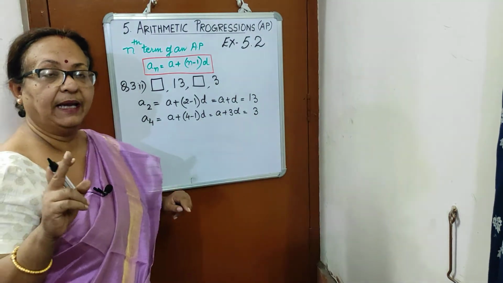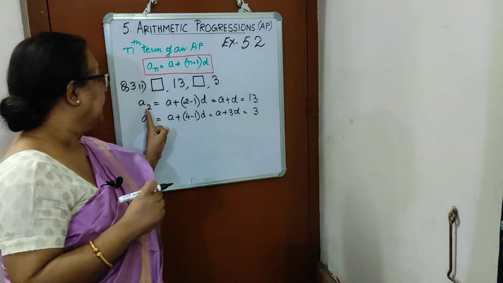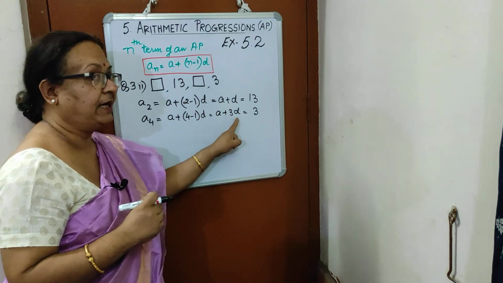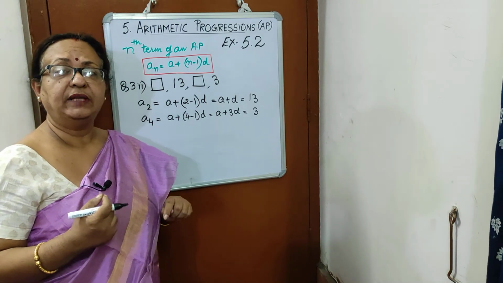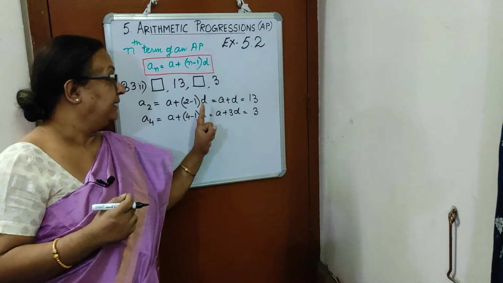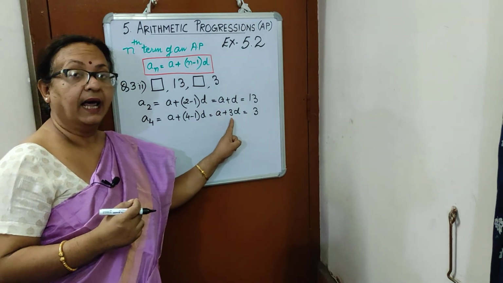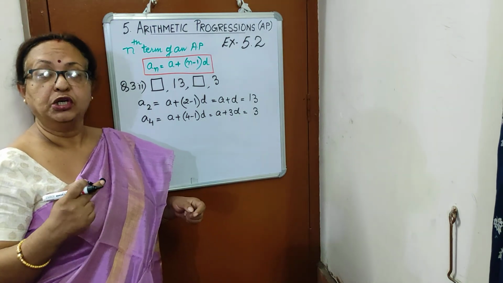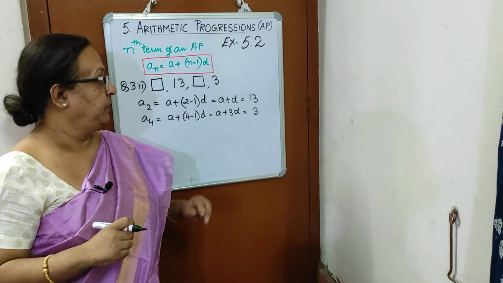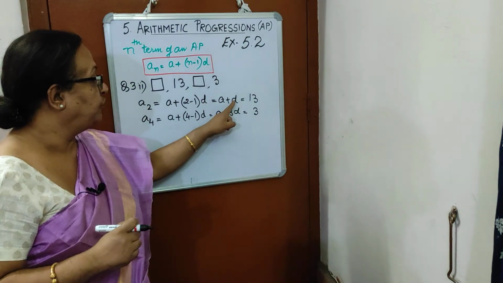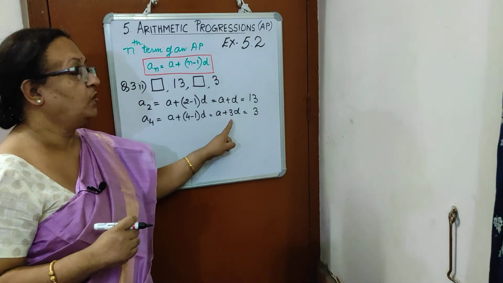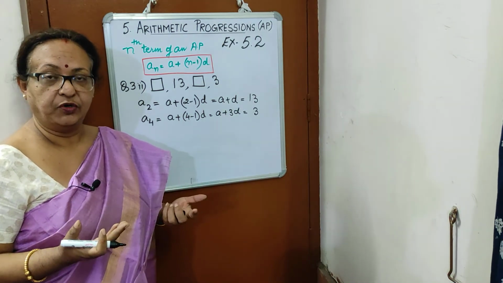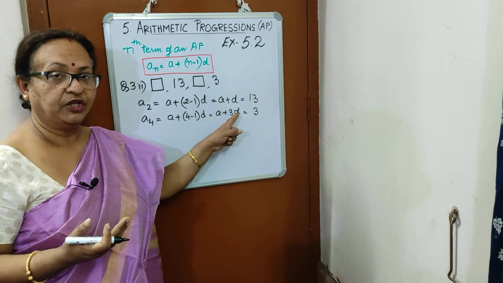By this time again children, you must have noticed the second term is a plus d. Fourth term is a plus 3d. If I say the 10th term, it will be a plus 9d, one less. 21st term will be a plus 20d and so on. So now you have two equations and two unknowns. You have learnt elimination or substitution method to solve two equations.